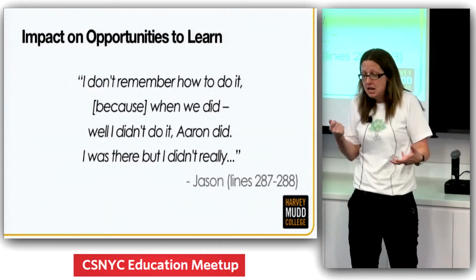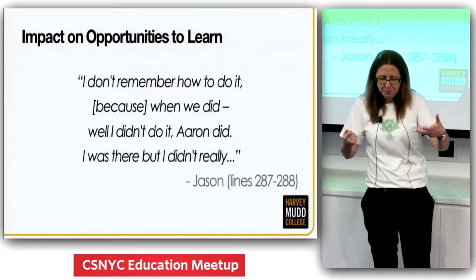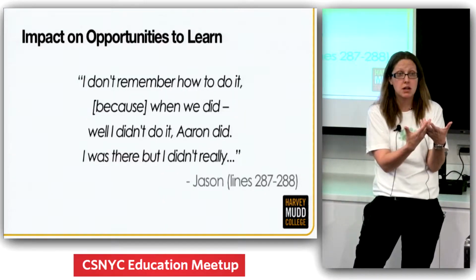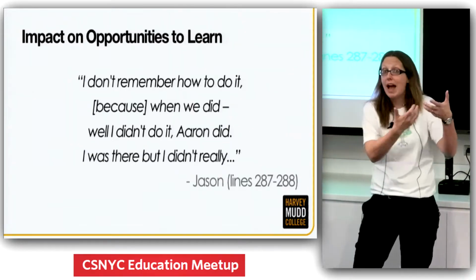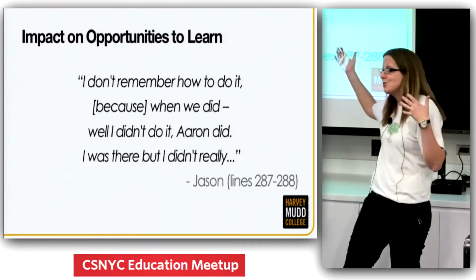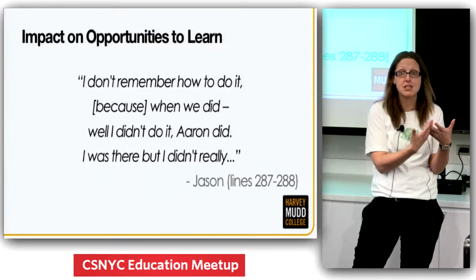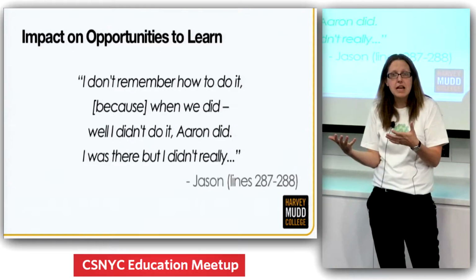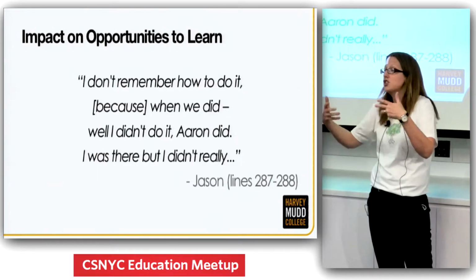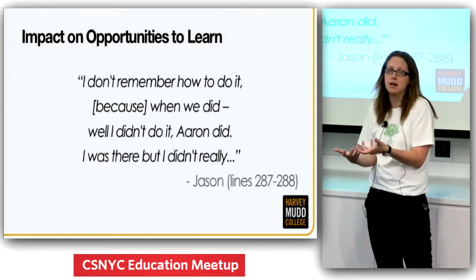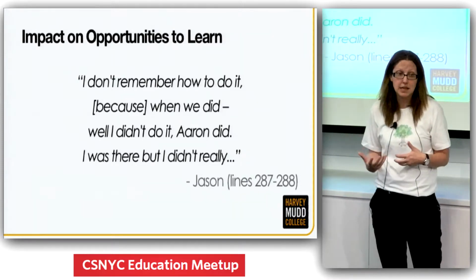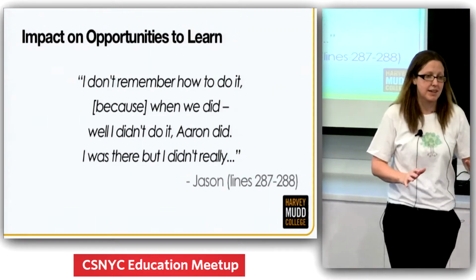We were able to see this interaction that happened within that pair. This is 2012 that these students were in the class. And then the next day, we see how this impacted Jason's opportunity to engage with that concept. His perception of his understanding of that content is upsetting.